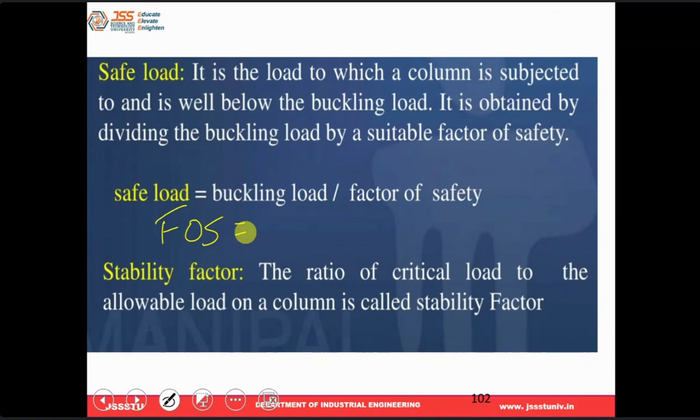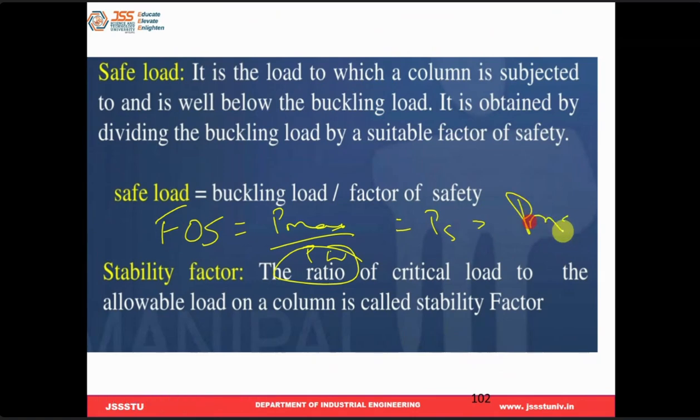It is maximum load by safe load or working load; maximum stress by working stress. Here I want safe load. Therefore, to get safe load, it is maximum load by factor of safety. Maximum load here is nothing but the buckling load. So that is the way we choose the factor of safety.